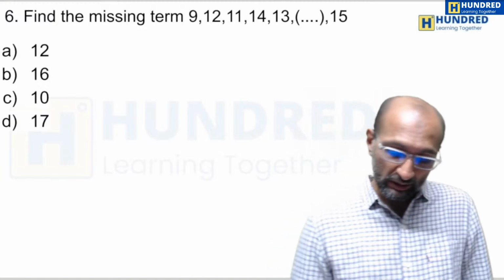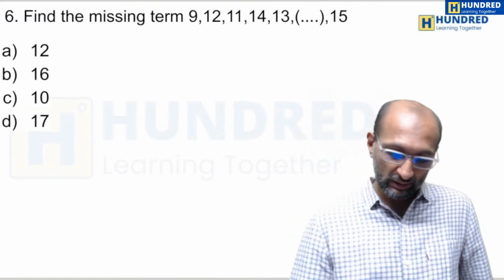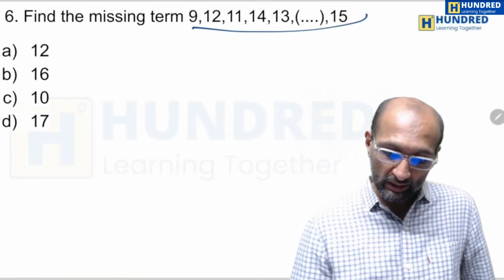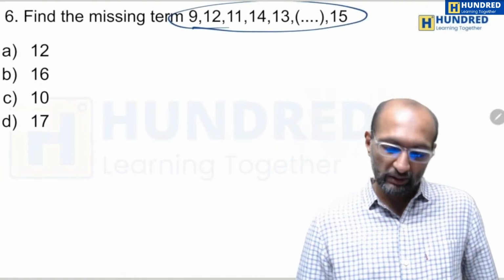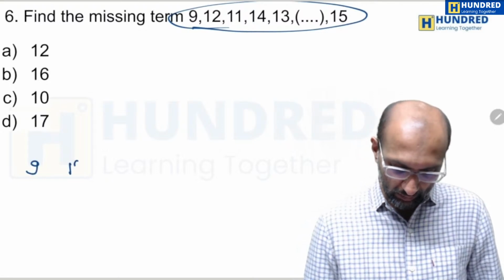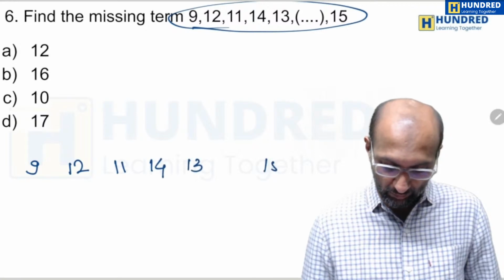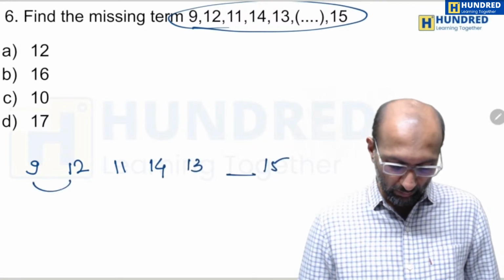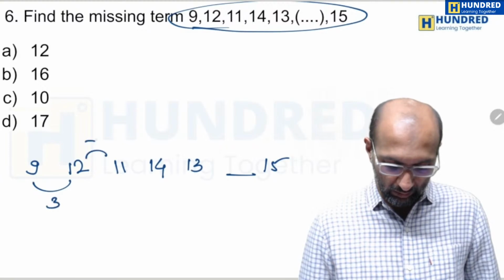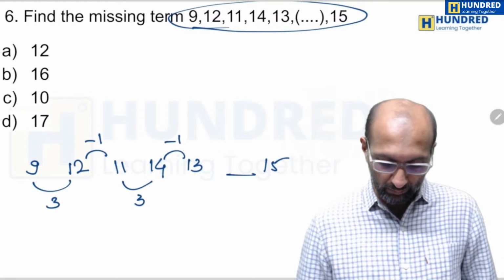So, find the missing term. Missing term. So, first, it is not in an ascending order. Close by numbers. Still, let us see. 11, 14, 13, 15, missing. 3 minus 1.